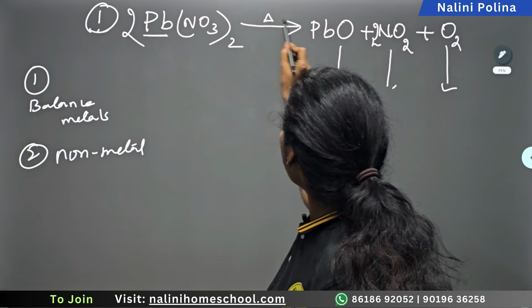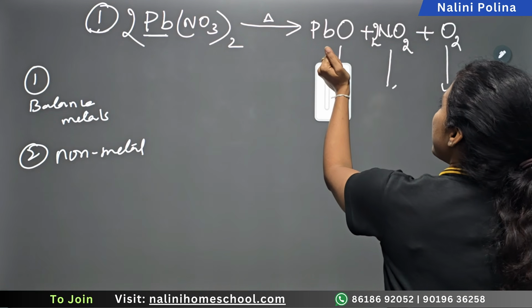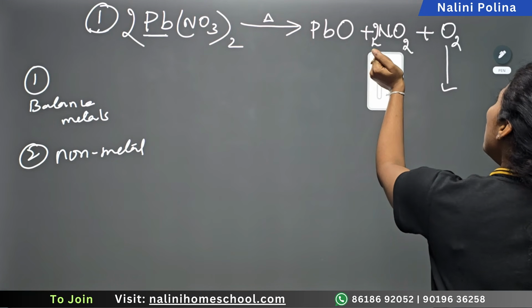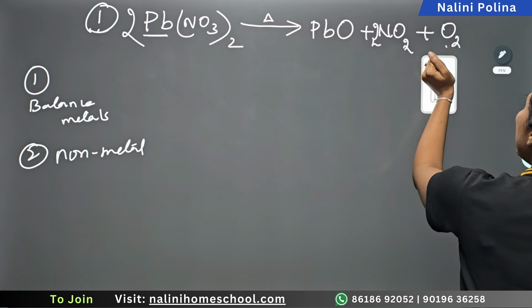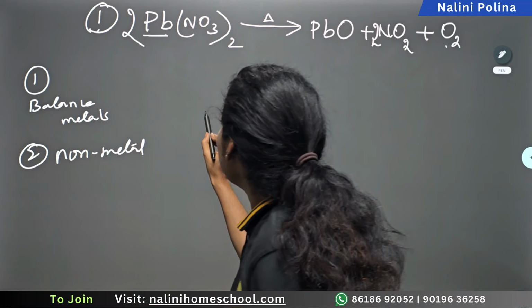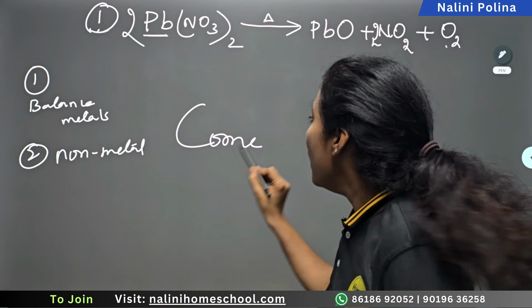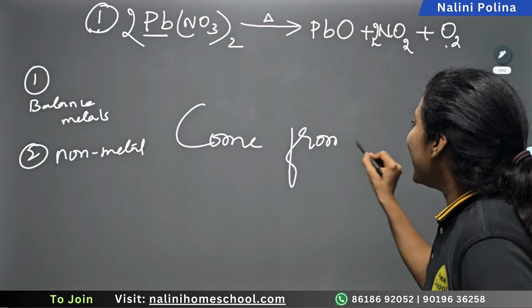Lead got disturbed, nitrogen got disturbed, everything got disturbed. Now don't look for oxygen. Don't try to balance the oxygen. Come from the starting. That is the trick.